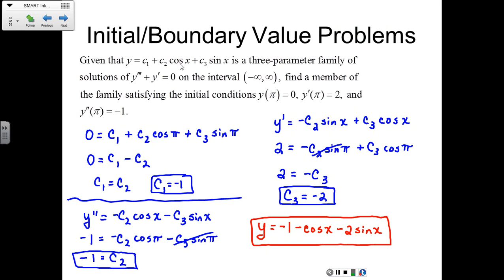Cosine x, sine x, and 1 are examples of linearly independent functions. Your solutions are always going to be a conglomeration of all of these independent functions added together.